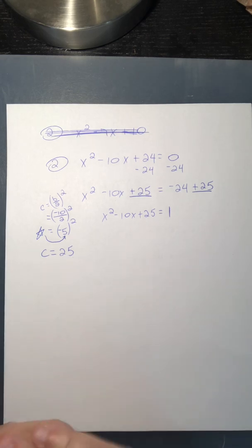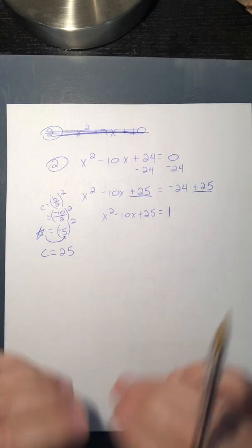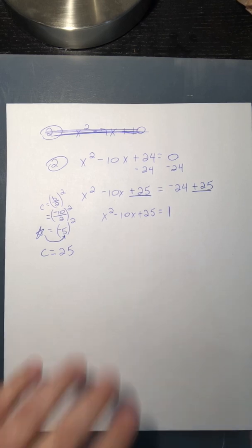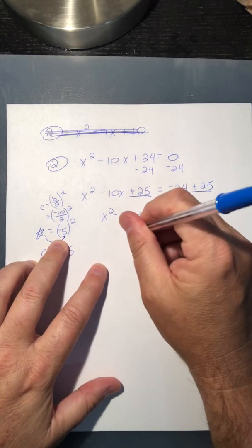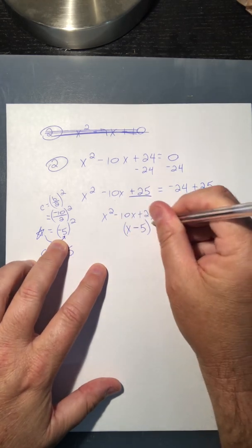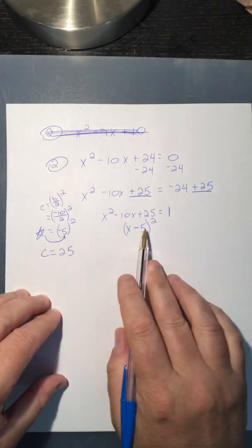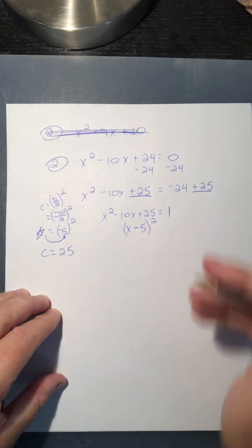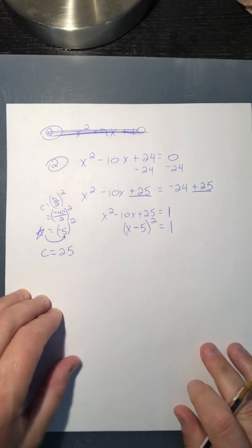So if I were you, we don't talk about skipping steps a lot, but here's one I would highly recommend you skipping because you don't want to do extra work. So we're going to take our magic number, which was negative 5, put it in parentheses and square it. So that number becomes that number in parentheses squared every time, and that equals 1.